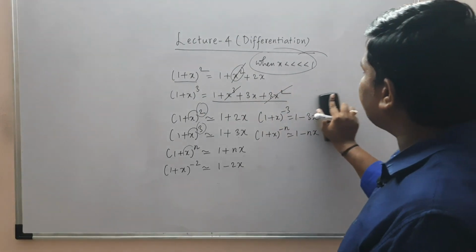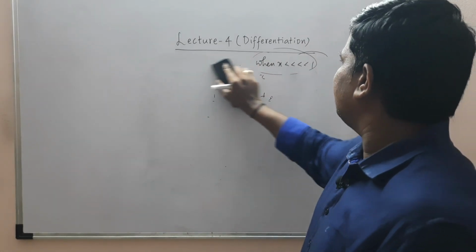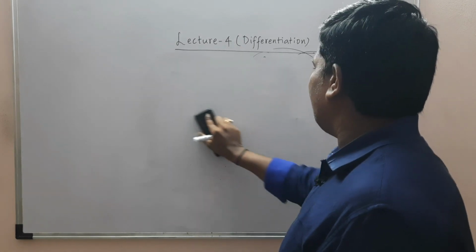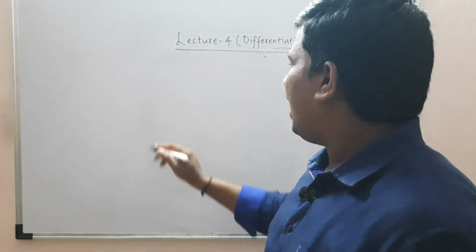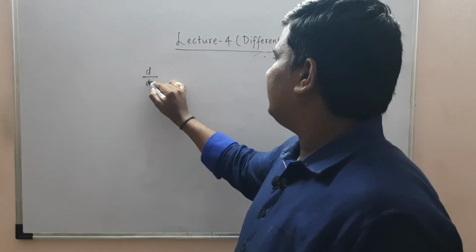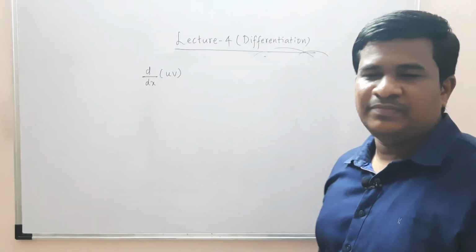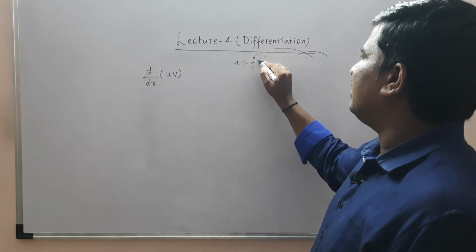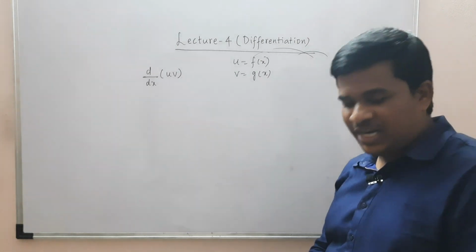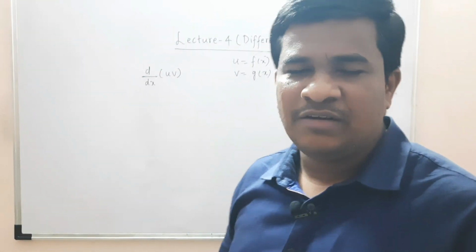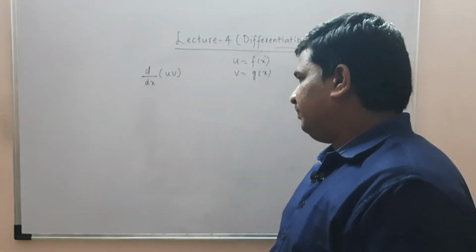And one more thing, what I am trying to tell you is, let me go for the product of two functions. Okay, so I write d by dx of uv. Sir, what is u, what is v? Say u equal to f of x, v equal to g of x. Don't worry. Instead of writing f of x and g of x, I am writing u and v, d by dx of uv.